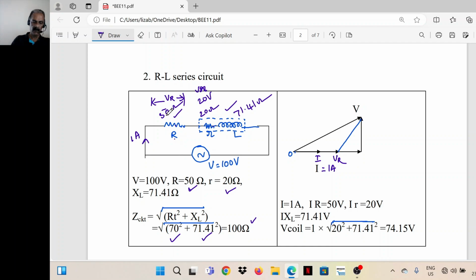VR is 50 ohms into 1 ampere, that is 50 volts.